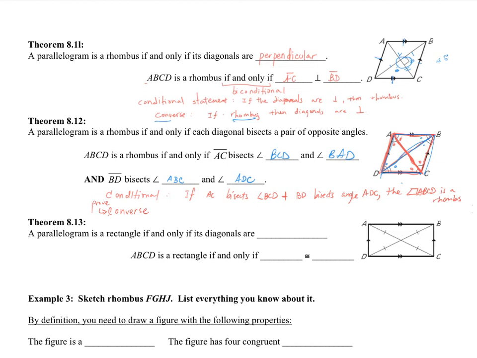And for theorem 8.13, it states that a parallelogram is a rectangle if and only if its diagonals are congruent. So ABCD is a rectangle if and only if AC is congruent to BD.